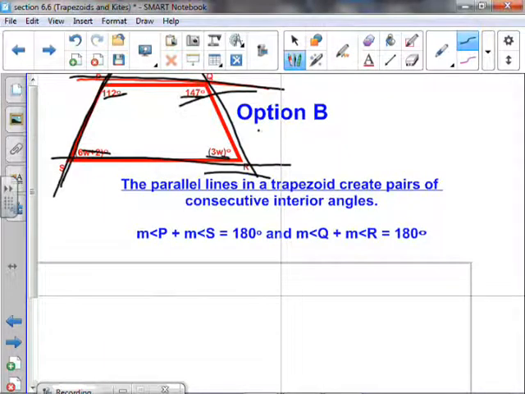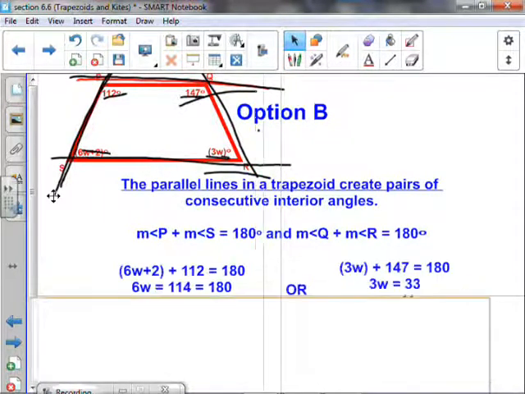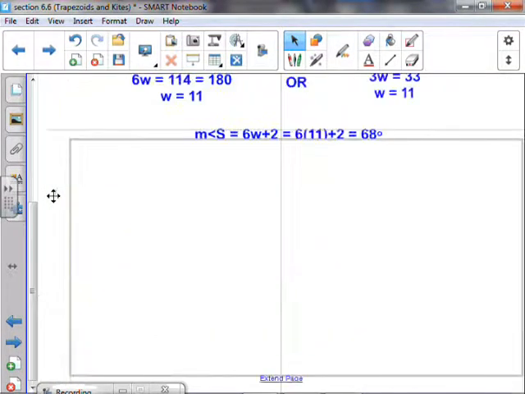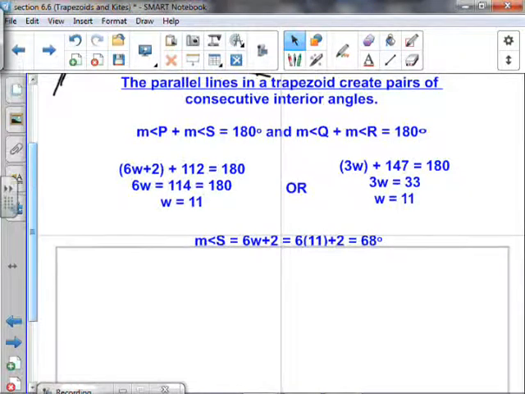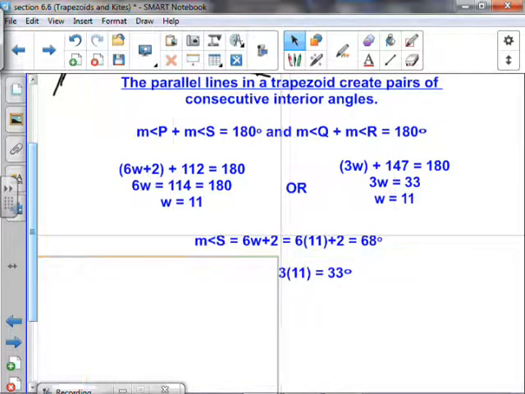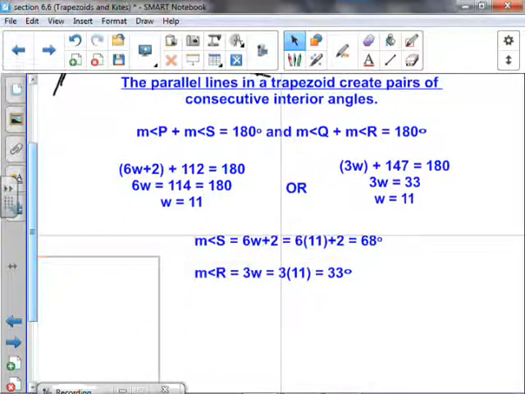So we can say the measure of angle P and the measure of angle S add up to 180. And from there, it's not real hard to plug in your angles and solve for S and for R. Once again, we get the same thing for S and R. Okay, let's move on.